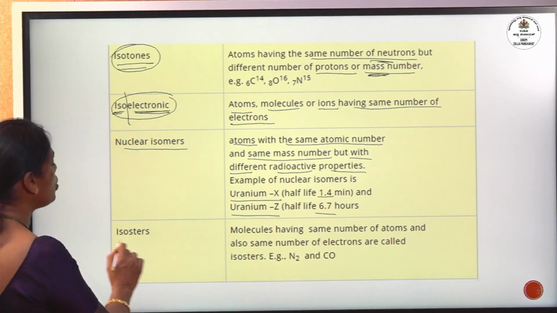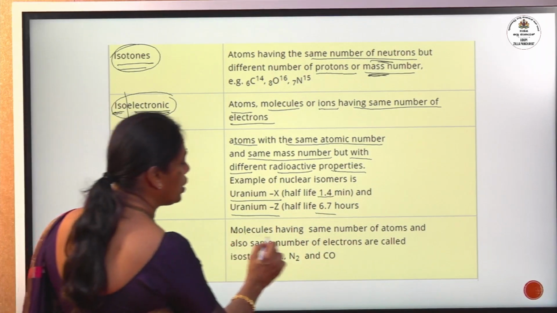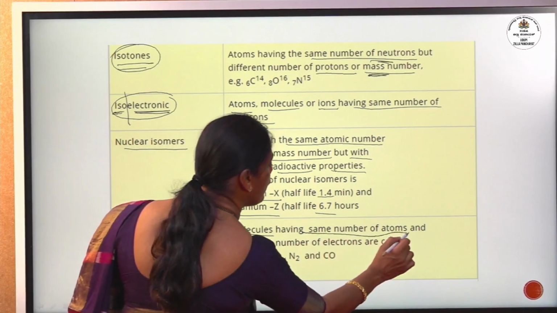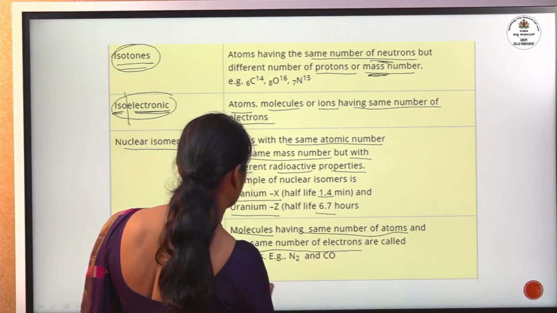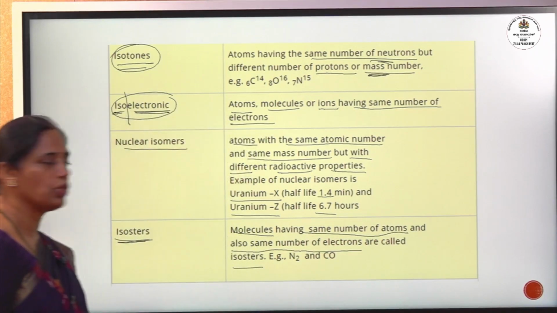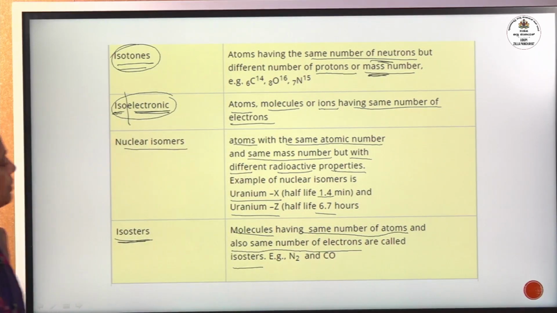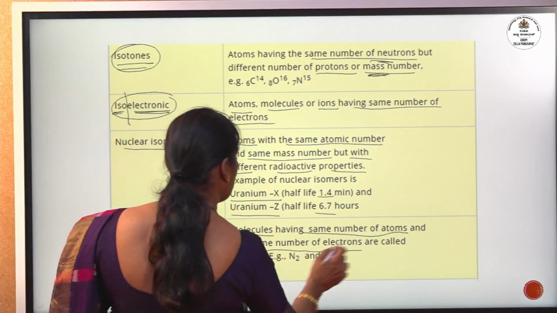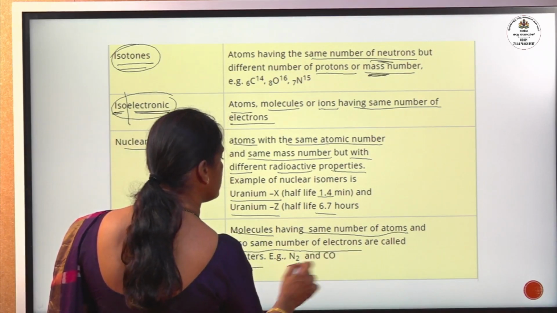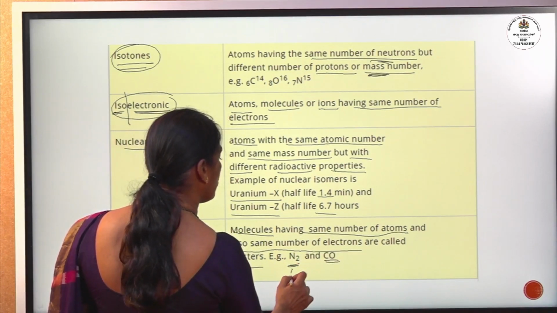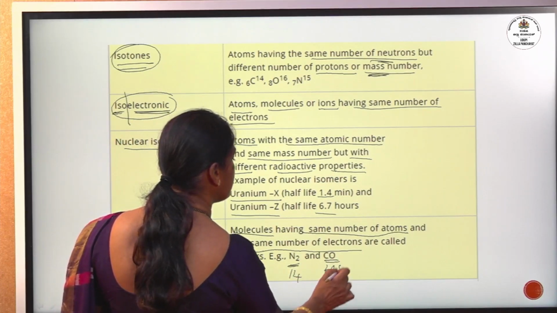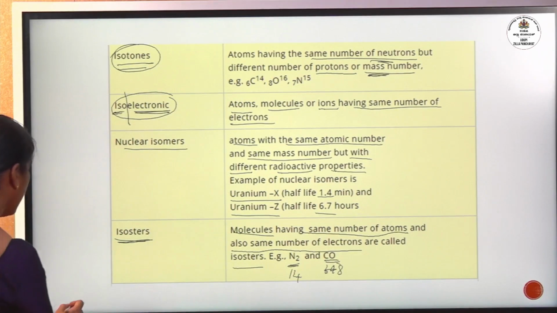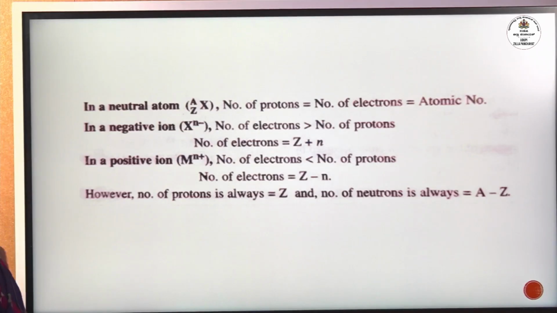Next, isosters: molecules having the same number of atoms and also the same number of electrons are called isosters. 2 atoms here, 2 atoms here, electrons 14, here 6 plus 8, again it is 14. These are called isosters.